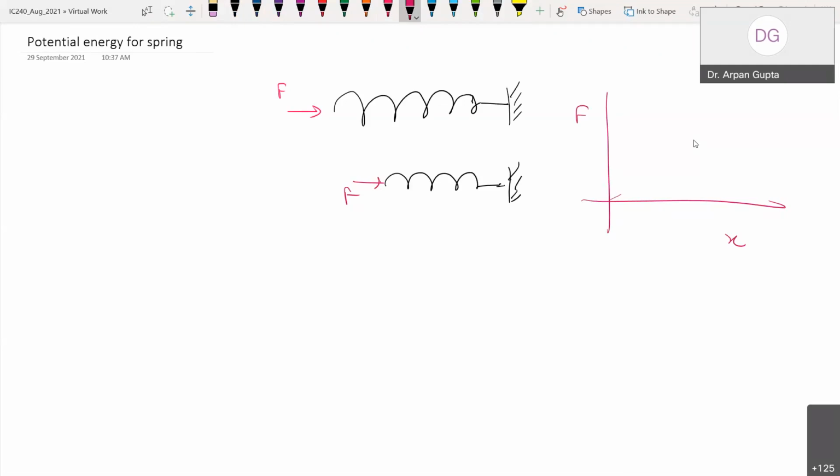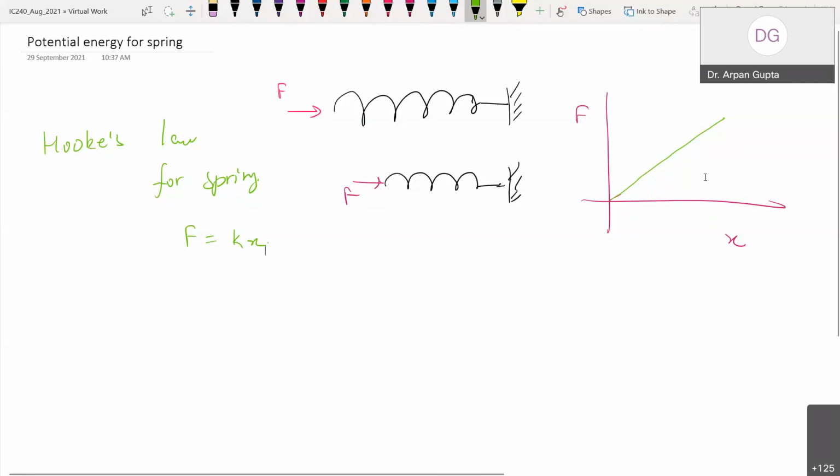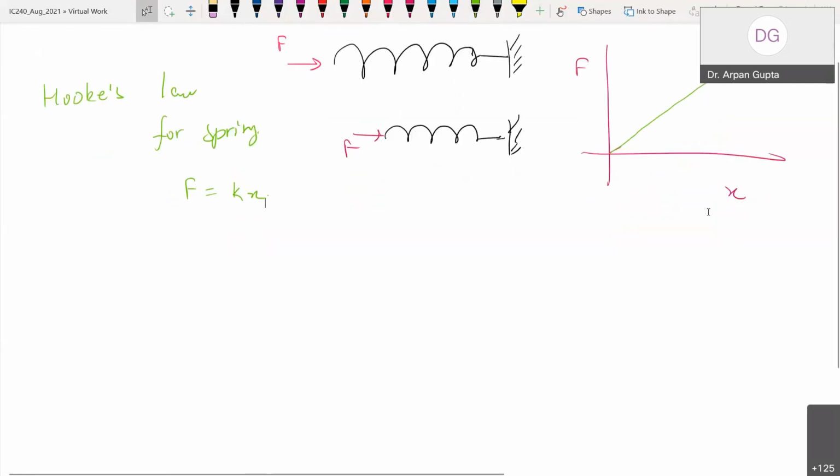So we are gradually increasing F, and there is Hooke's law for a spring, which approximates the spring force, and that is F is equal to kx, the famous equation. And from here we can calculate the work done. The work done is F multiplied by dx, integrated.